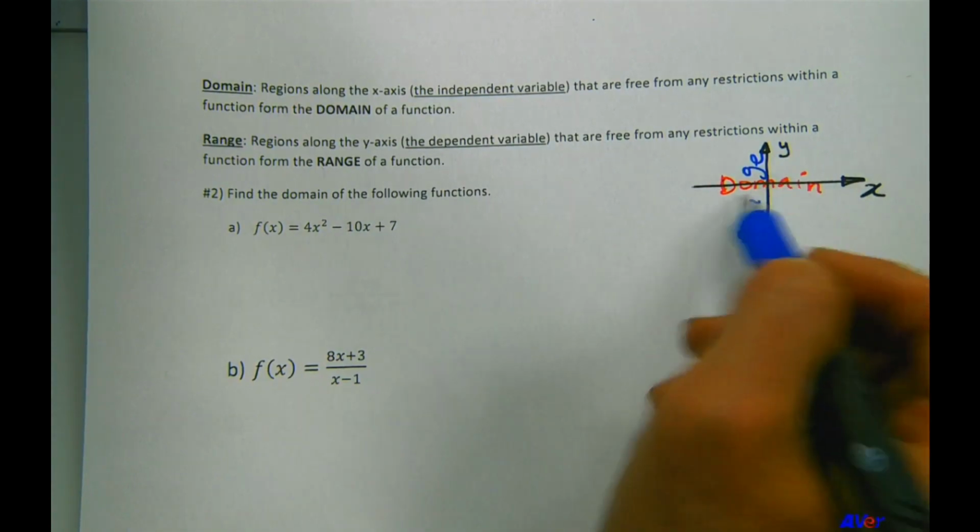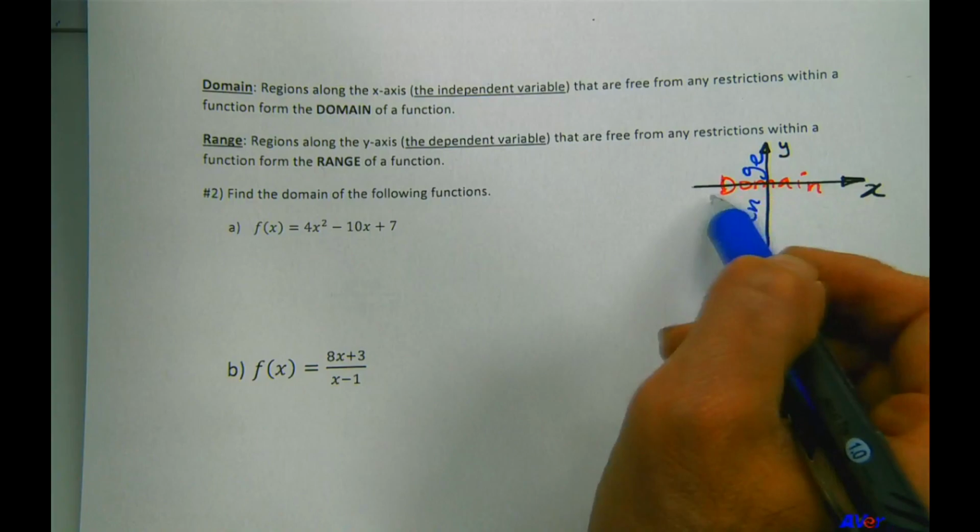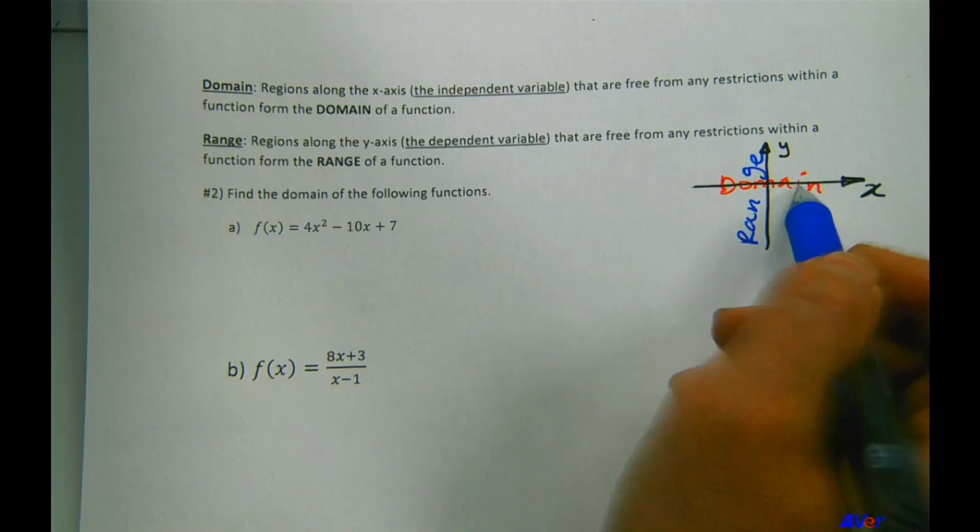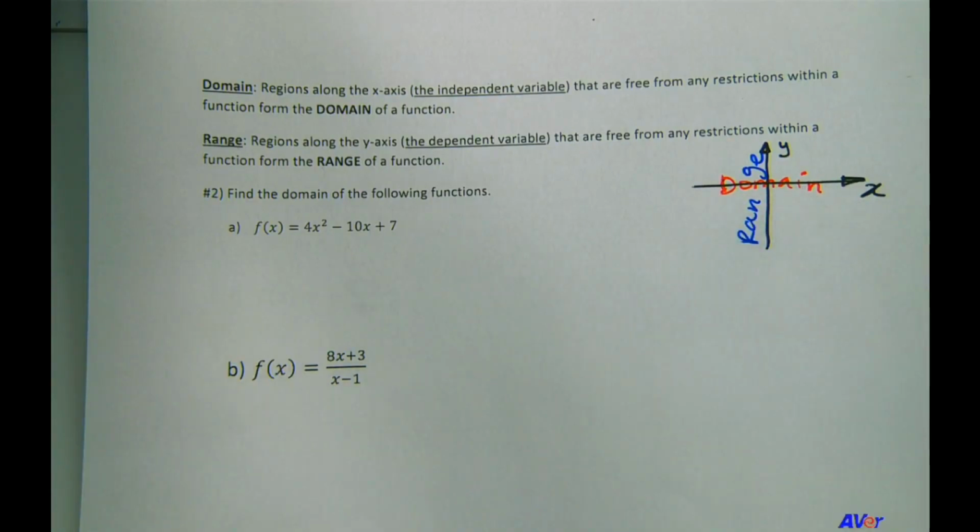So if there are any restrictions along the x, you should take those out. And we will talk about those restrictions. Restrictions could be any number that would make the denominator of a fraction 0. So if you have x minus 2 as the denominator of a fraction, then for sure 2 should be excluded because 2 minus 2 is 0, and we cannot have 0 in the denominator.